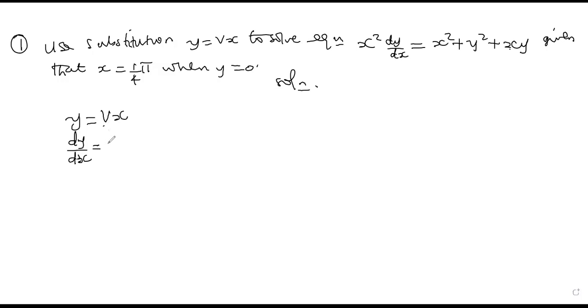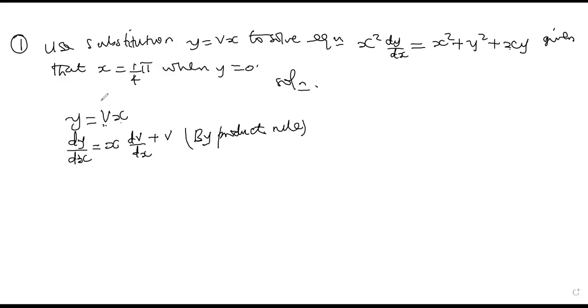We hold x, we differentiate v, so x dv/dx, plus we hold v, we differentiate x, so plus v, since when you differentiate x you get 1. This is by product rule, which I believe you know.